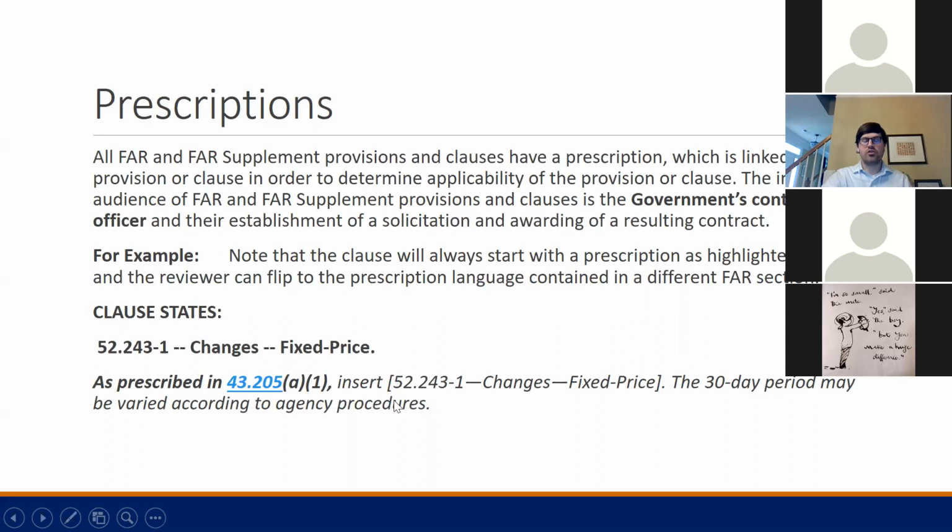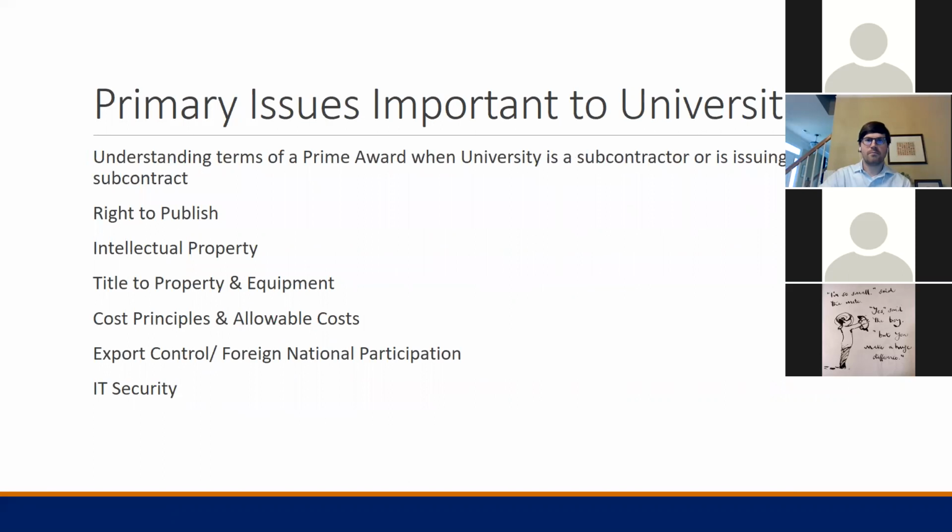That tells you when you include it, and that's obviously when you have a fixed price contract and the clause is appropriate for that type of contract. So the prescription is really just, should it be in there or not? That's why doing the prime contract analysis is relatively easy, because you're just going to say, does what's included meet the type of contract we have?